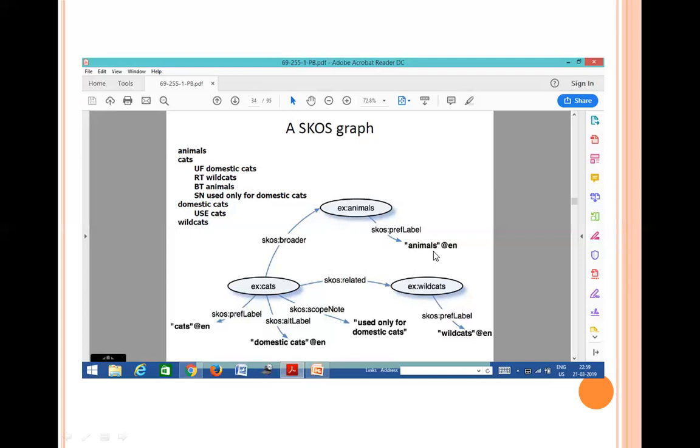It's animals in English. If you're using English as the language, we use the preferred label animals. Then cats, what is the related term? Wild cats. What is the preferred label? It is called wild cats. For cats, the preferred label is cats. What is the scope note? Used only for domestic cats. What is the alternative label for cats? Domestic cats. Okay, fine. So this is how we represent a thesaurus in a SKOS graph.